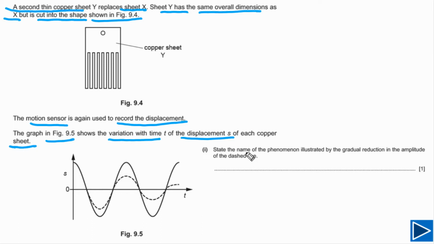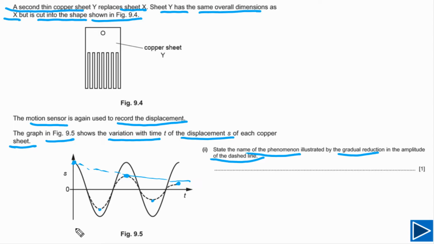For part C1, we need to state the name of the phenomenon illustrated by the reduction in the amplitude of the dashed line. If you look at the dashed line, it has this much amplitude here and then it has this amplitude here, and at the beginning amplitude is this. So if we draw and connect these points, we will get exponential decay like this. We can also connect these points to get a better picture.